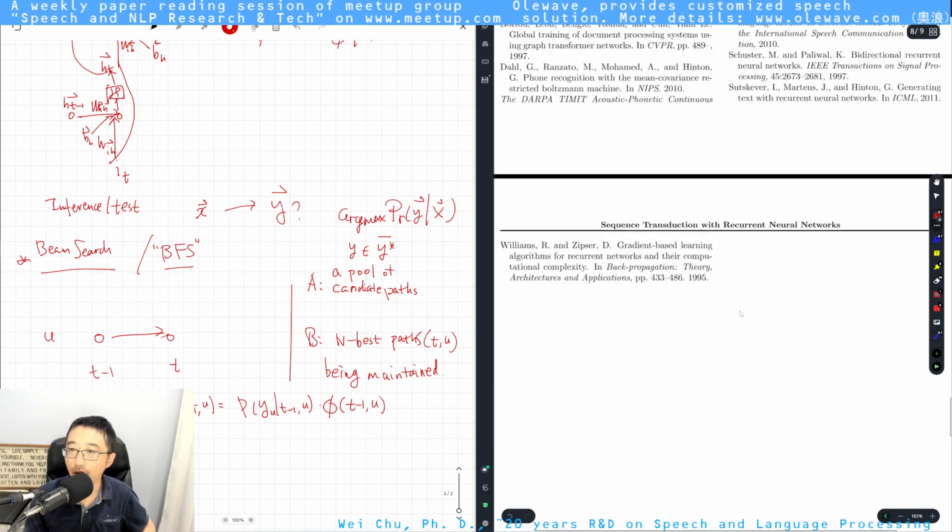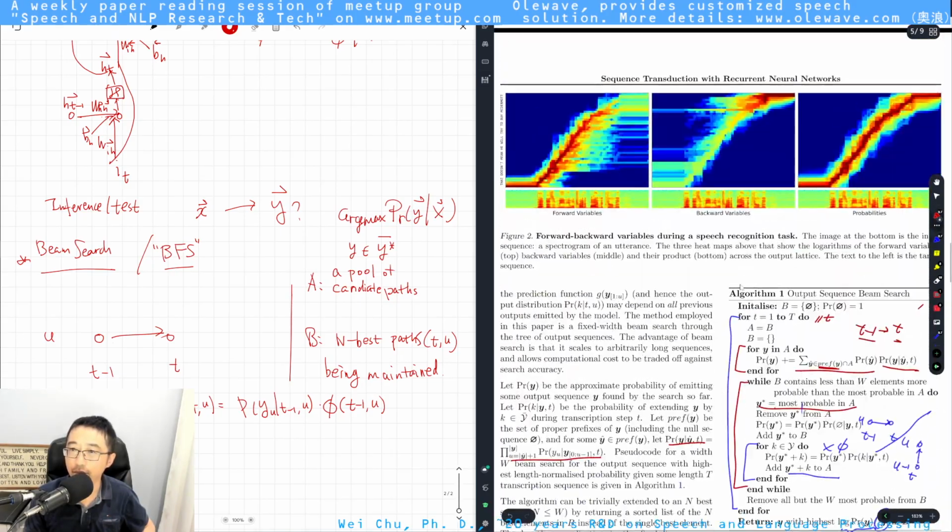And I think he also showed the difference between the bidirectional alignment over here versus the only forward alignment versus the only backward alignment.